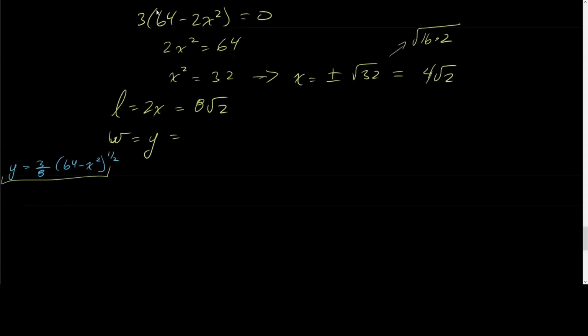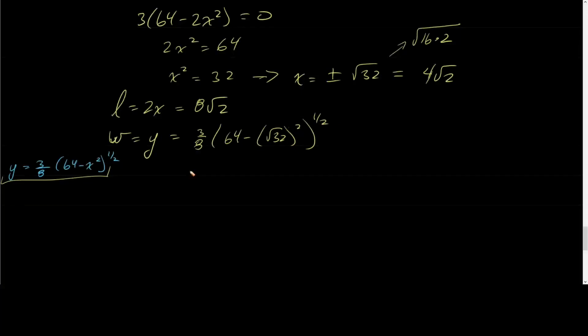So in this case, that's going to mean 3/8 times 64 minus 8 radical 2. Well, no, that's not x. What was x? x was 4 radical 2. Sorry. I'm actually going to use just radical 32. Radical 32 squared, and all of this to the 1/2.